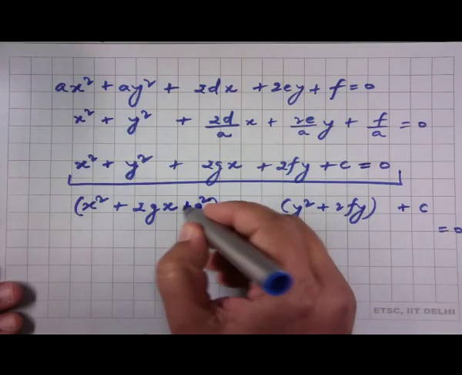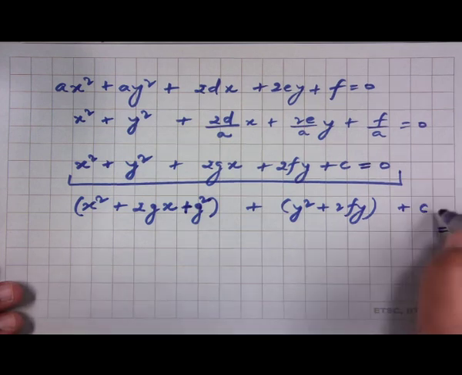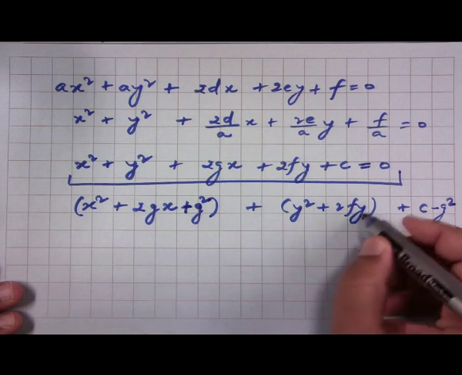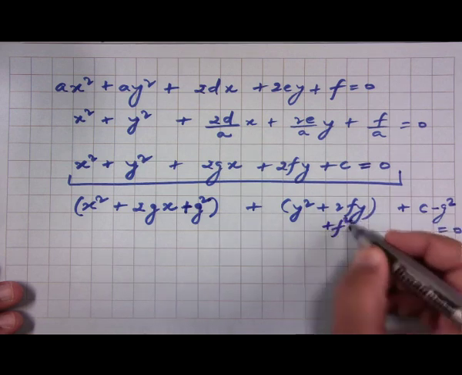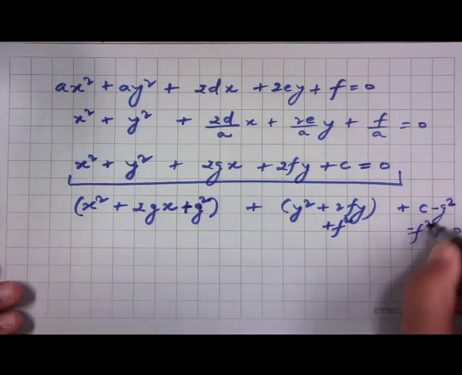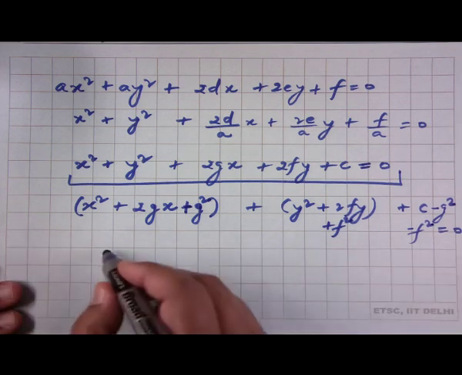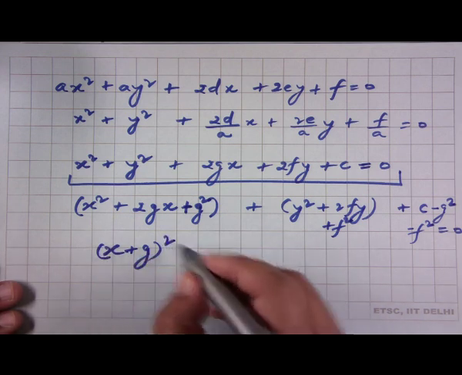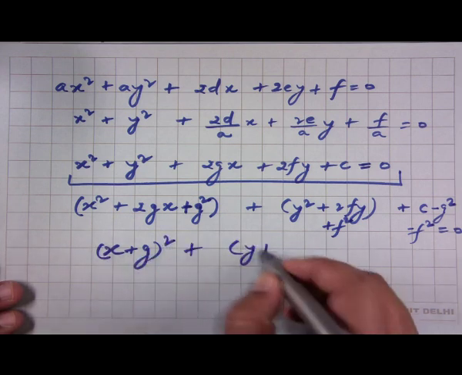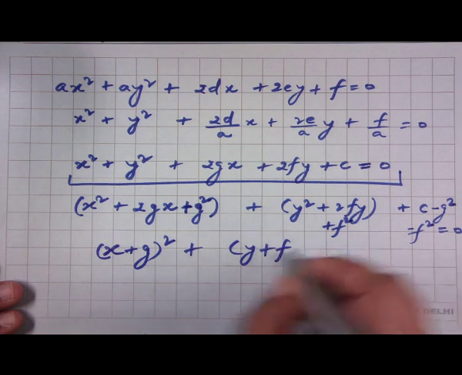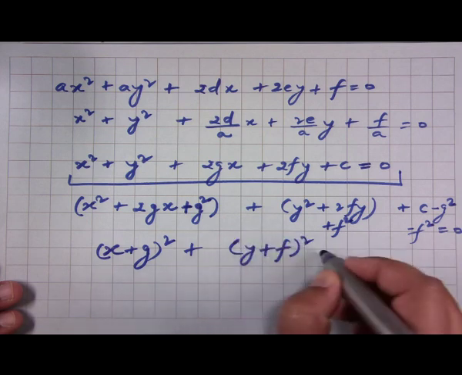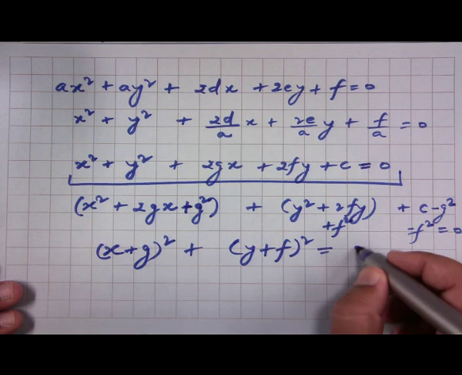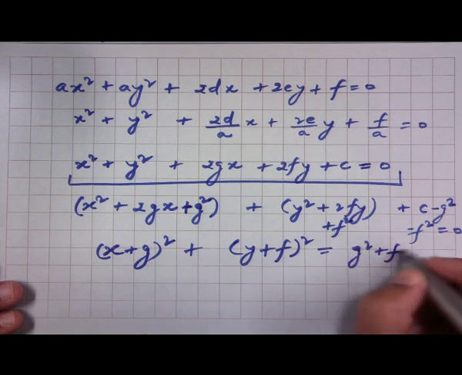You put a plus g square and a minus g square, a plus f square and a minus f square. So, what we get is x plus g whole square plus y plus f whole square is g square plus f square minus c.